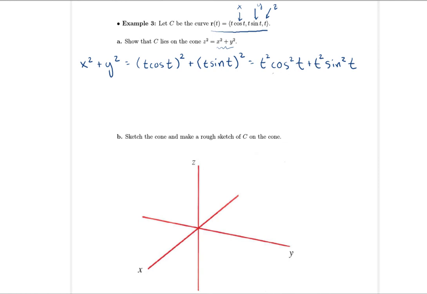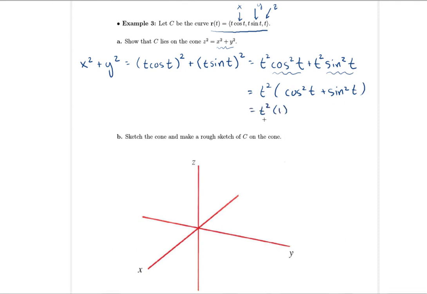But hopefully you're recognizing our best friend from trigonometry, which is whenever we have cosine squared plus sine squared, that often bails us out of some complicated expressions. So if I factor that t squared out, then I just have cosine squared plus sine squared, which of course we know is equal to 1.